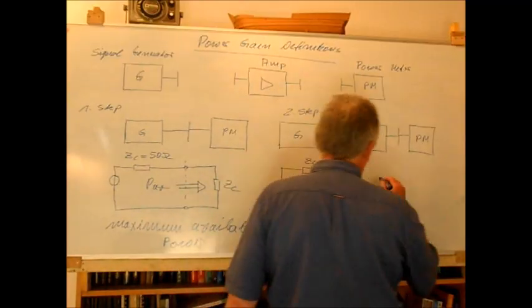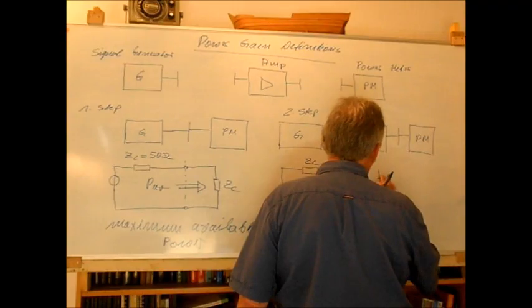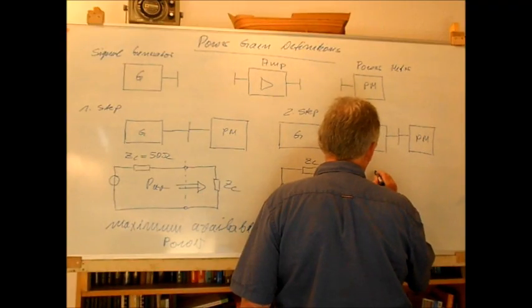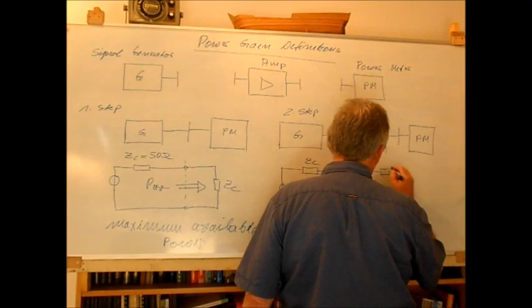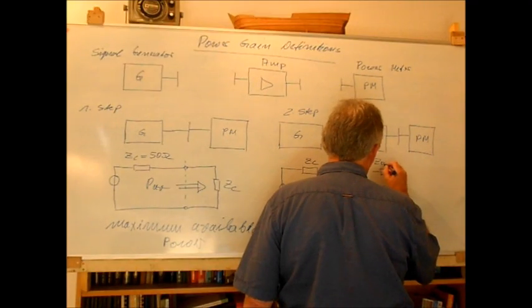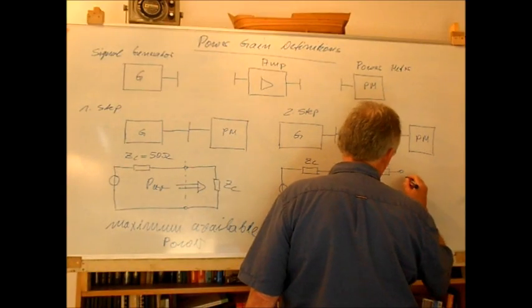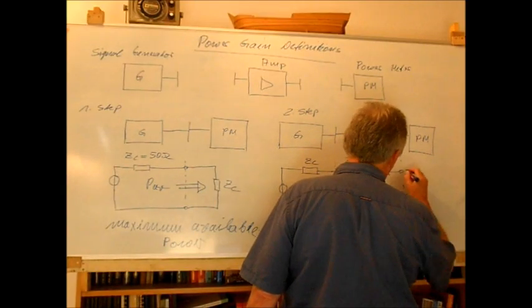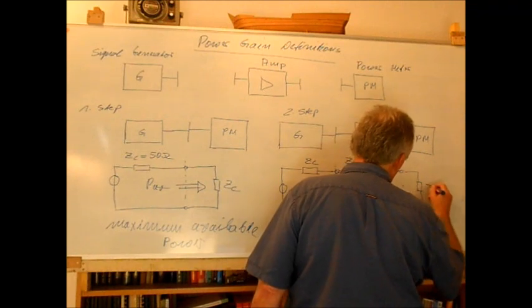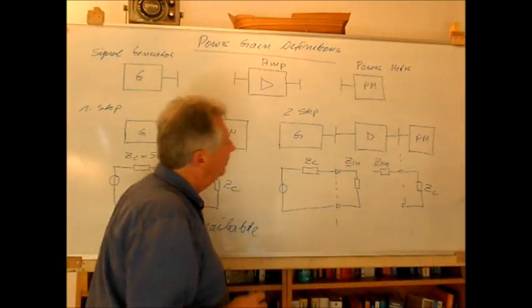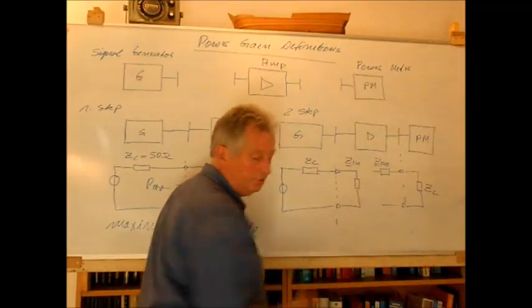which will not always be identical to ZC. And here, if I have a look at the output also, I can sketch it like this, that we have here a certain output impedance Zout, which also will not be per definition equivalent to the characteristic impedance of our power meter. I will not discuss the source now.